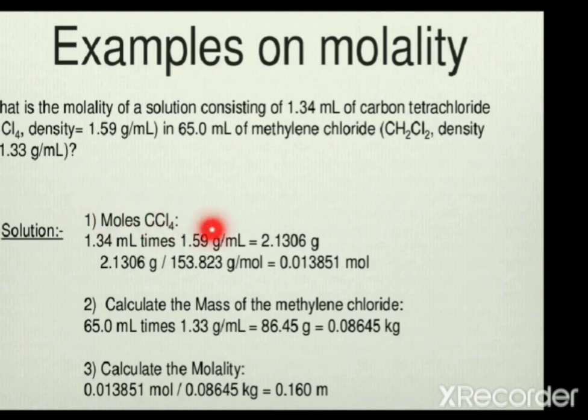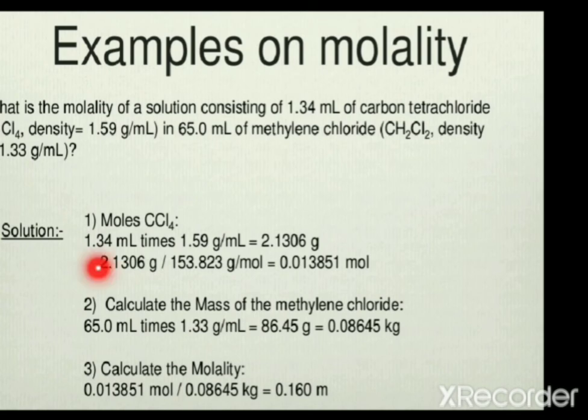First, the mass of CCl4 is 1.34 ml times 1.59 gram per milliliter, which is equal to 2.1306 gram. Here mass is calculated by volume times density, because density is mass by volume, so mass is equal to volume times density. Here volume is 1.34 milliliters and the given density is 1.59, so it forms the mass 2.1306 gram.